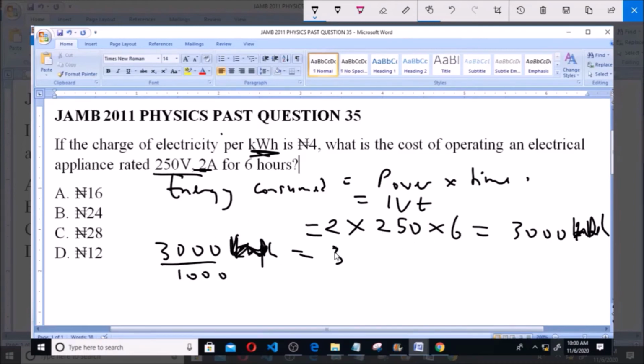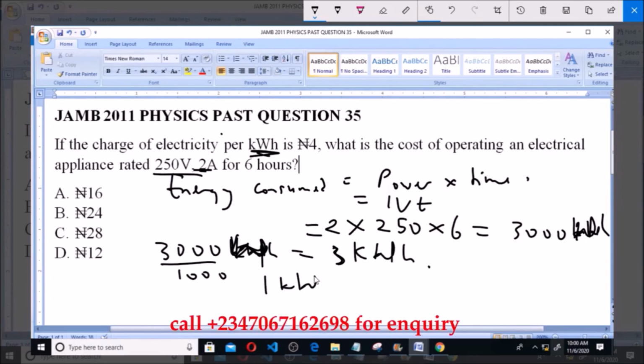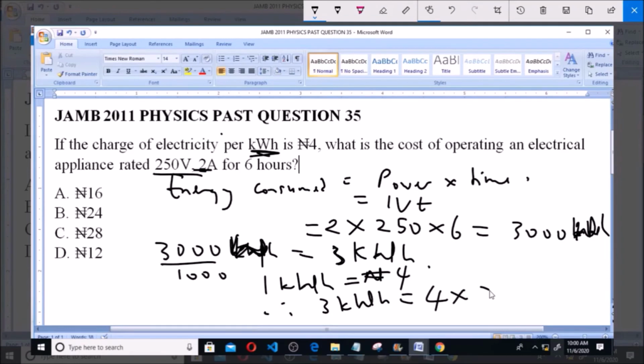Divided by 1000, that is 3 kilowatt hours. Now 1 kilowatt hour costs 4 naira, therefore 3 kilowatt hours will cost 4 times 3, which is equal to 12 naira. 12 naira is option D, which is the answer to this question.